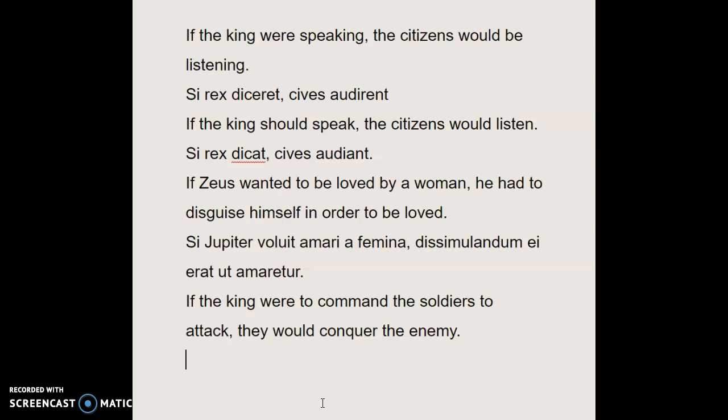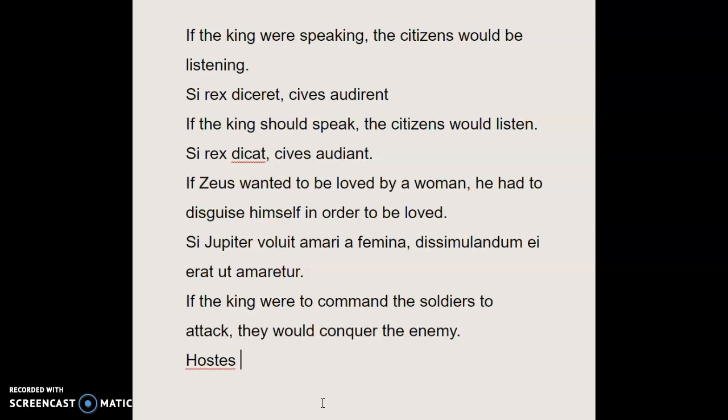Alright, in the final sentence, if the king were to command the soldiers to attack, they would conquer the enemy. Alright, so they would conquer the enemy. We'll start there. We will assume that they is going to be unspoken. It's just going to be built into our verb. So hostes, conquer the enemy.